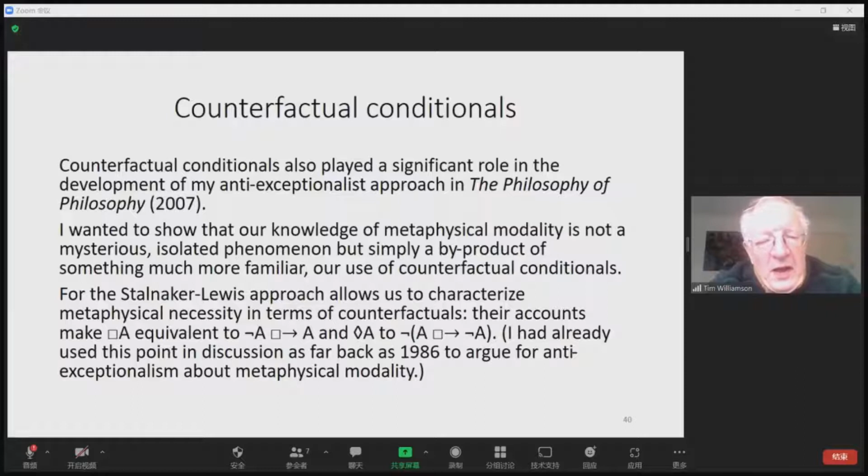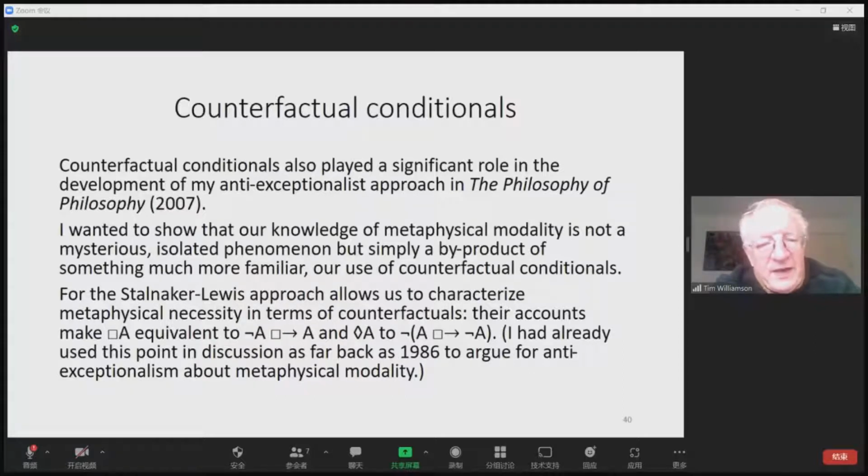So an interesting aspect of the Stalnaker-Lewis approach, which Stalnaker himself noticed, is that it allows us to characterize metaphysical necessity in terms of counterfactuals. On their views, saying that A is metaphysically necessary is equivalent to saying that not A counterfactually implies A. That is, if not A were the case, A would still be the case, which seems a bit paradoxical.